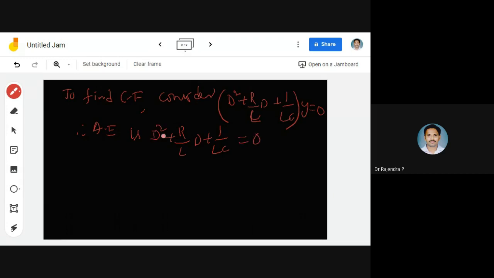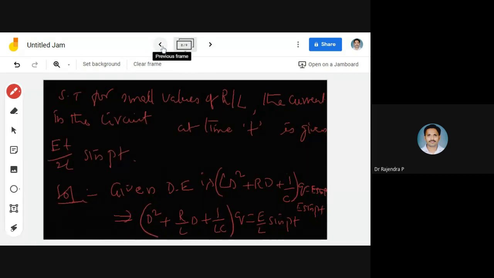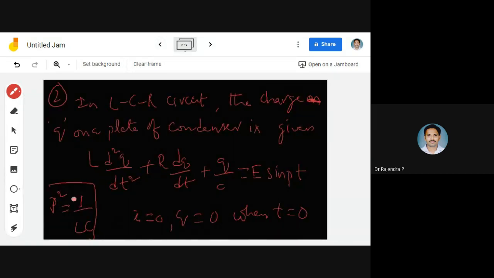As I told you, you can take 1 by LC as p square. P square is nothing but 1 by LC. So we can take that and write it up. That will be the easy part, right?